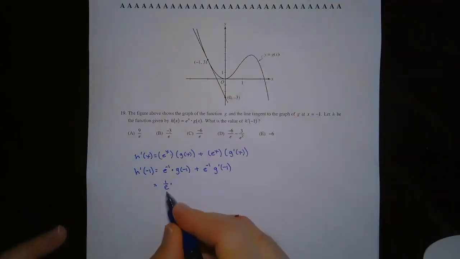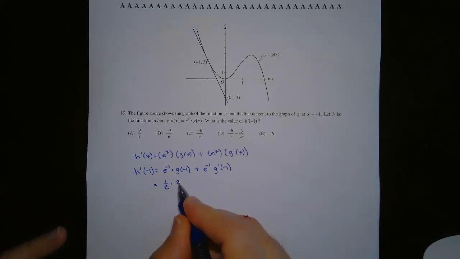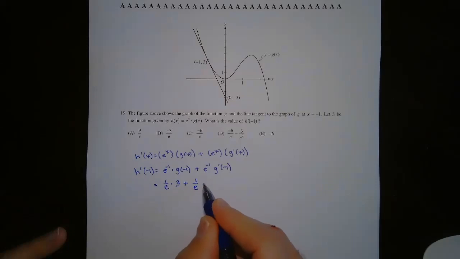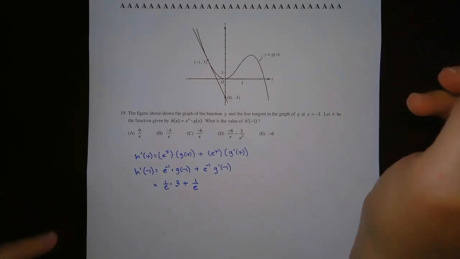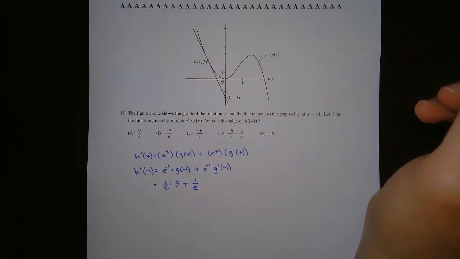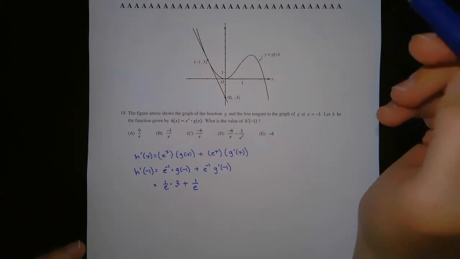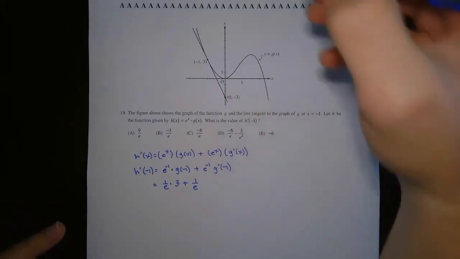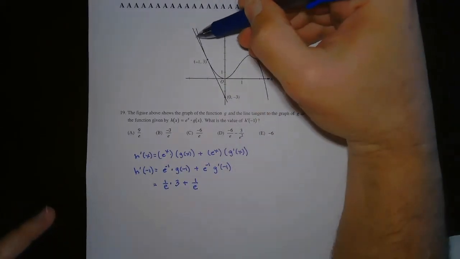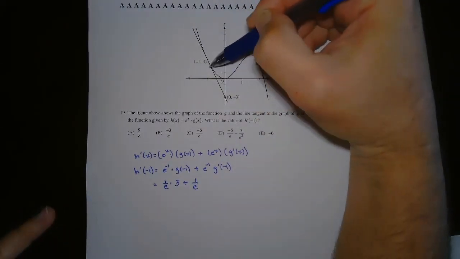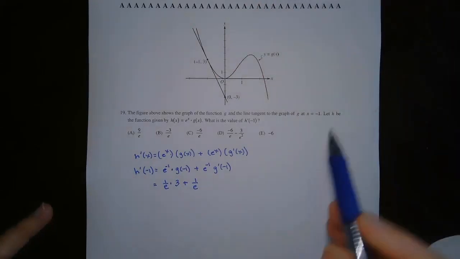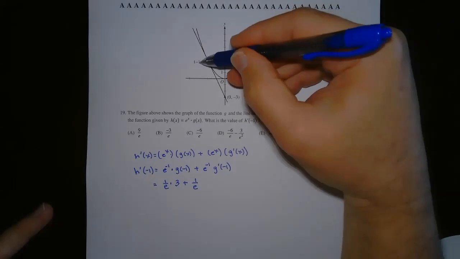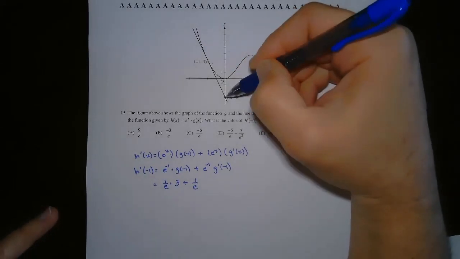So this is 1 over e times 3, plus 1 over e times g prime of -1. g prime of -1 is the slope of the tangent line. We know this tangent line goes through 0, -3, and also through -1, 3, because they have a little dot right there.